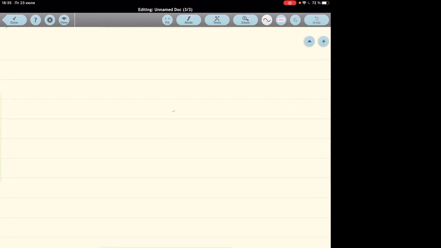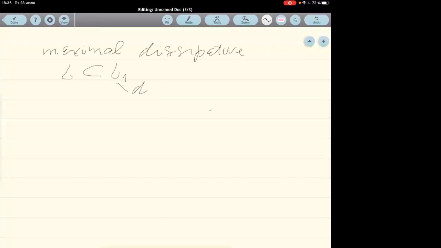it is also natural to consider the class of maximal dissipative operators. We are going to consider only maximal dissipative operators, which means that if L has an extension, say L1, which is also dissipative, what do we mean by an extension?